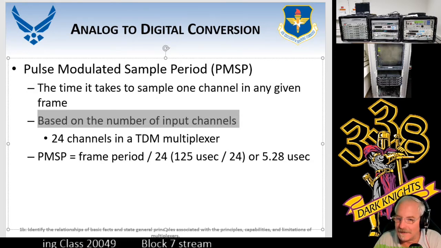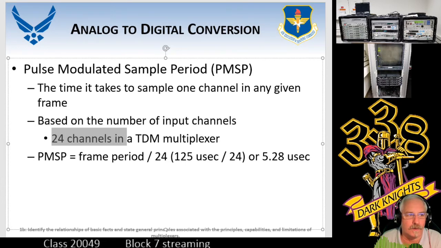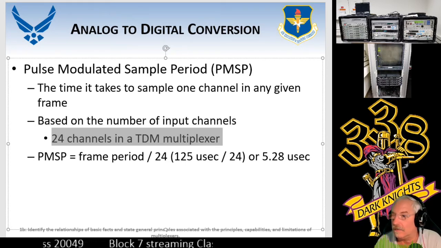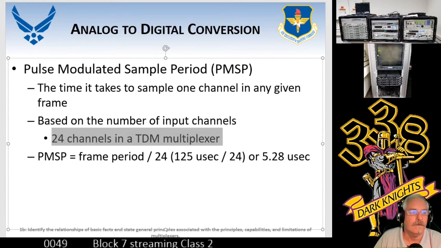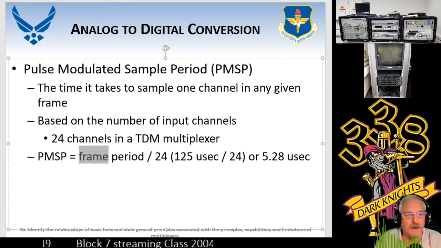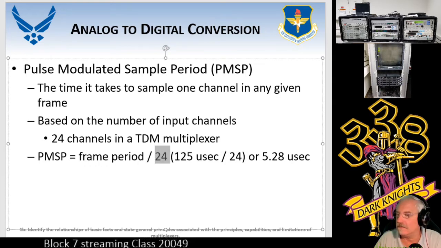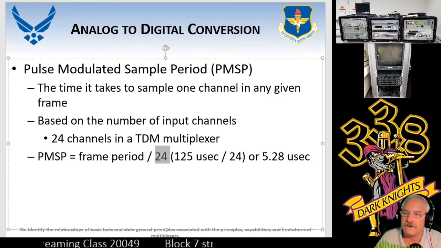In our case, the standard right now will be 24 channels in a multiplexer, but it can change. The way this works is I take the frame period, which I just had, and I divide it by the number of channels. So in our case, we're going to take 125 microseconds and divide it by 24 channels, and we get 0.00000520 seconds, or 5.28 microseconds to do one channel.